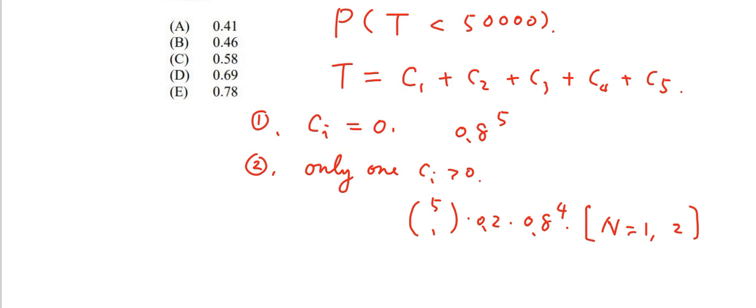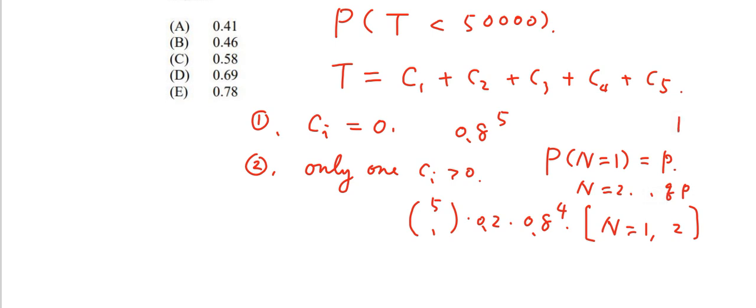Okay, so for the probability that n equals 1, for the geometric distribution, n equal 1 is just p, right? And n equal 2 means the first is q and the second is p. So what is p?